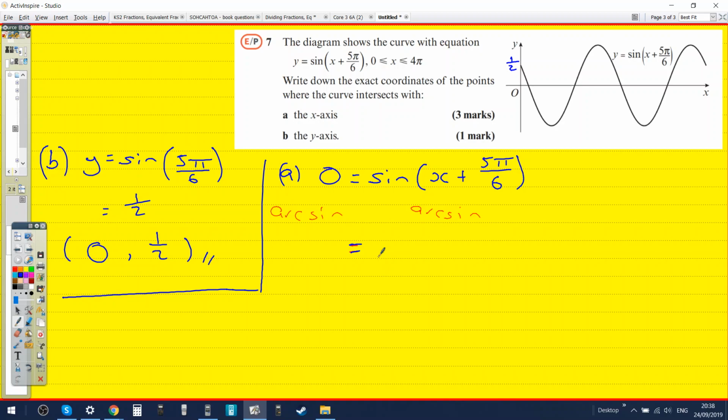Just do one thing at a time. Okay, so you get 0. And on the right side? 0 equals x plus 5 pi over 6. Okay, now you can do whatever you want. So then x equals 5 pi over 6. No. Minus 5 pi over 6. Yes, in theory. However, what did I tell you to do once you arc sine? You keep it bracketed, and get all your solutions and then do it.